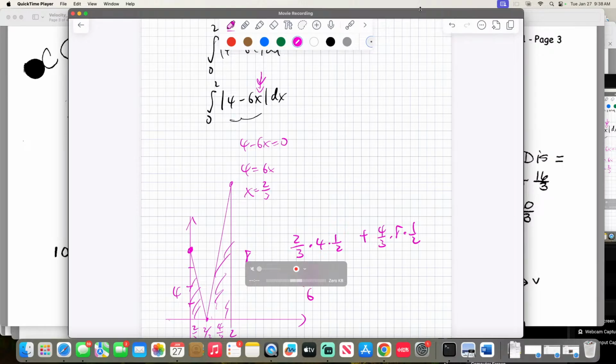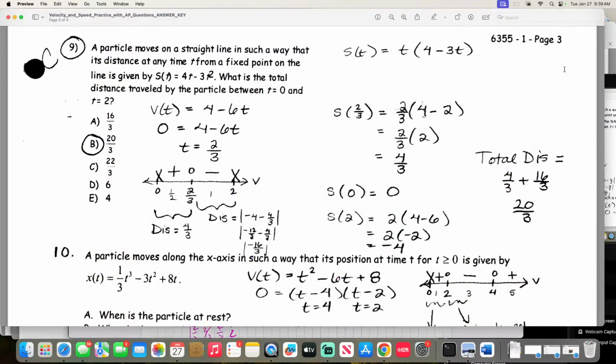So this is 8 over 6 plus 32 over 6, and that's equal to 40 over 6, which is equal to 20 over 3. That's the way I got the answer here. I thought this question is very, very good. It's very tricky. But yeah, it's going to be this way.